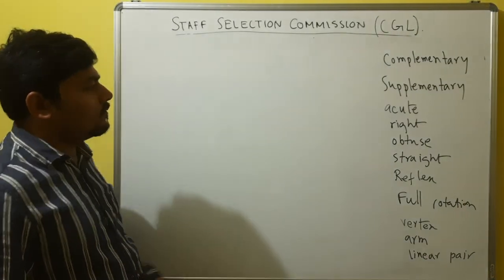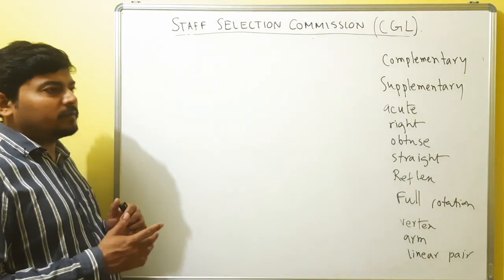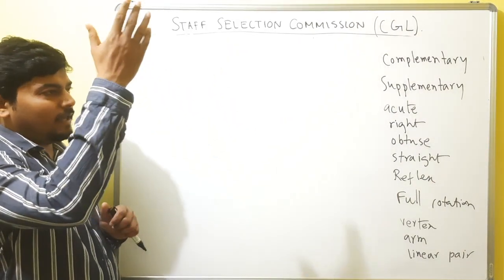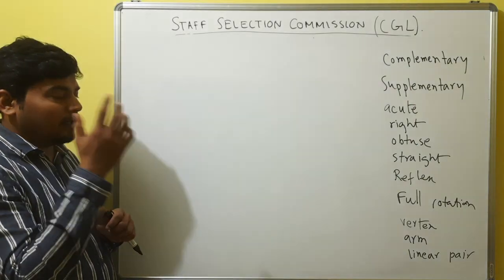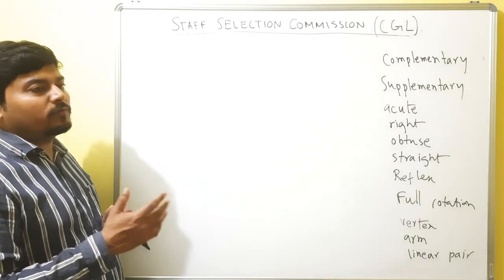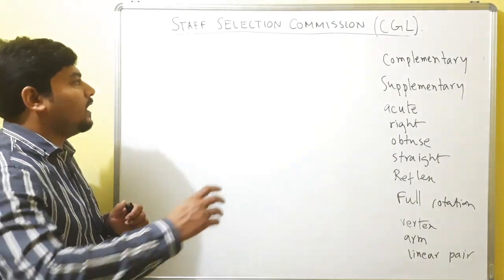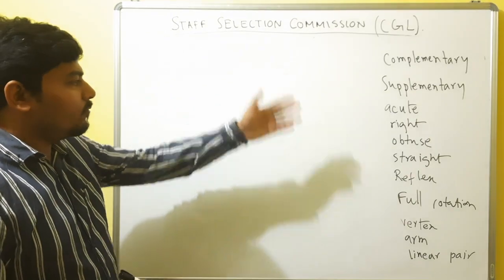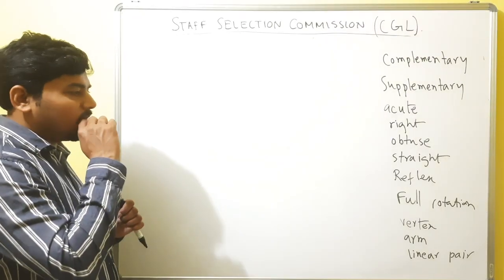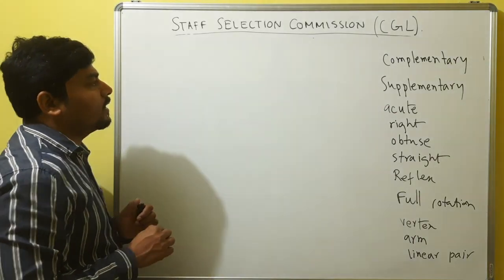A few angles got their names when two lines are intersected by a third line. Then 8 angles are formed, and those 8 angles have different names based on their relation to each other. I have already discussed that. Now I am going to discuss a few other things, and a couple of things I missed from my first class, that I will also discuss.